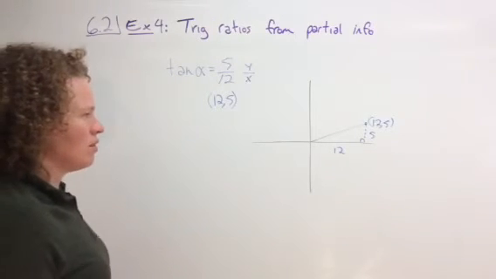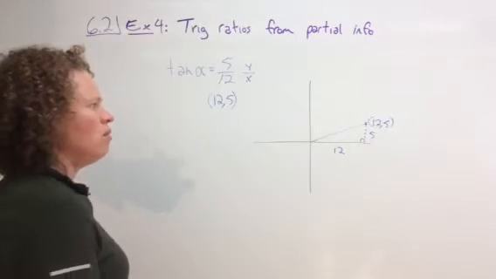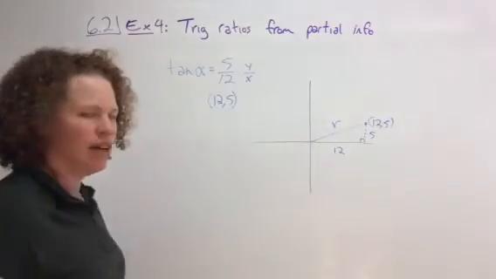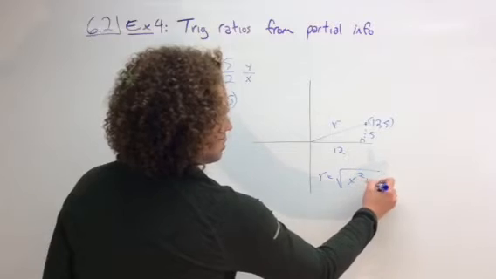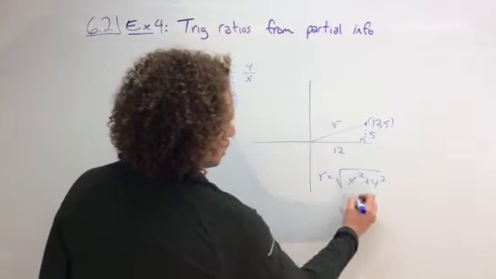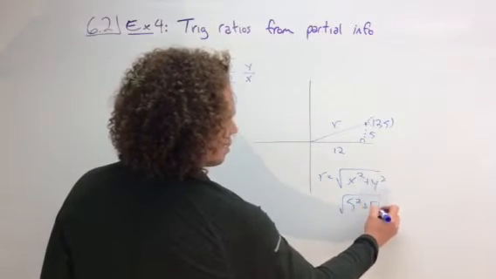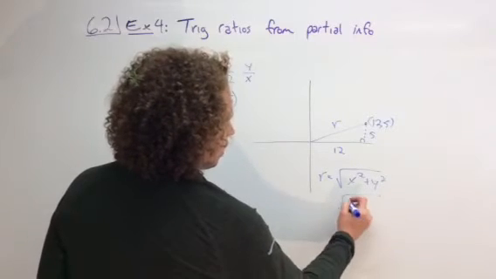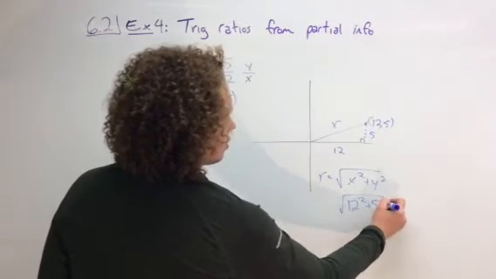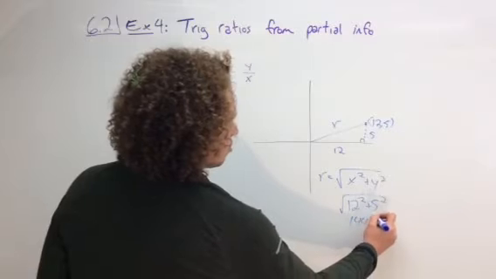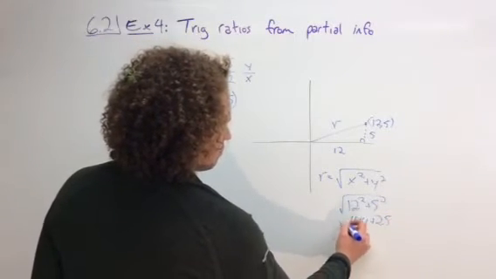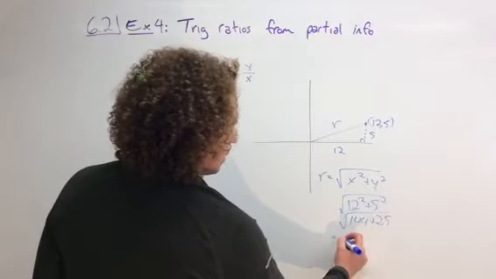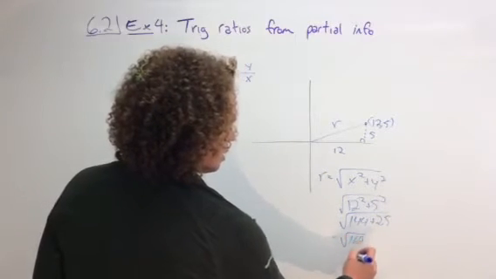And now they want the other trigonometric ratios. Well, we need r. How do we find r? r is the square root of x squared plus y squared. So we plug in our values. 5 squared plus, well, okay, fine, I'll put them in order just for you. 12 squared plus 5 squared: 144 plus 25 gives me the square root of 169.